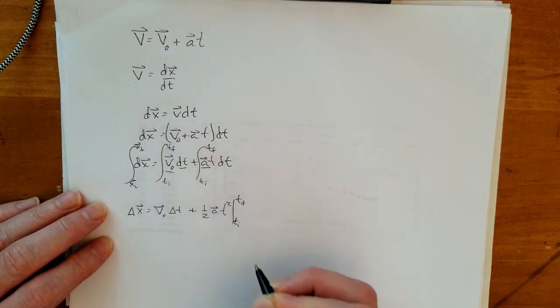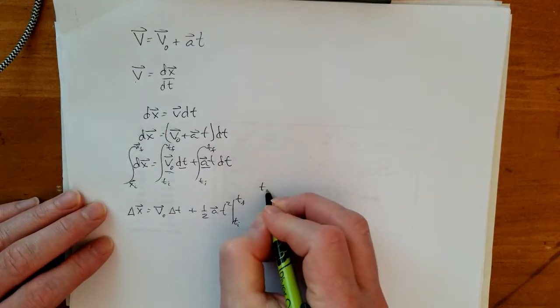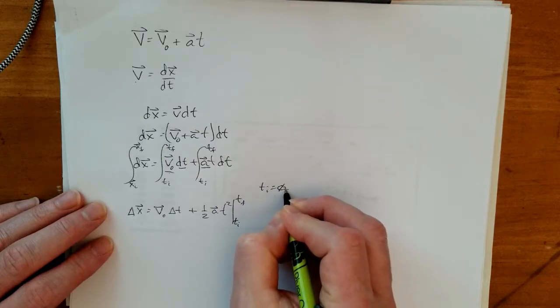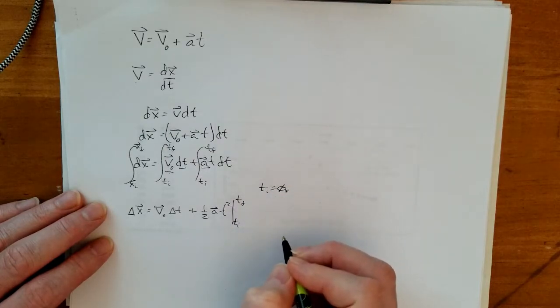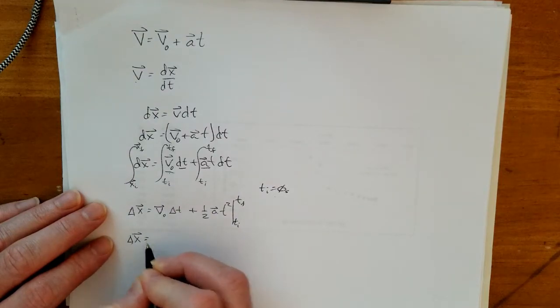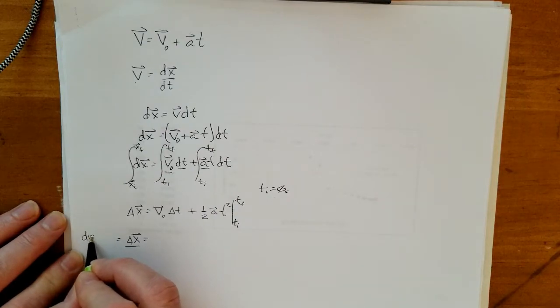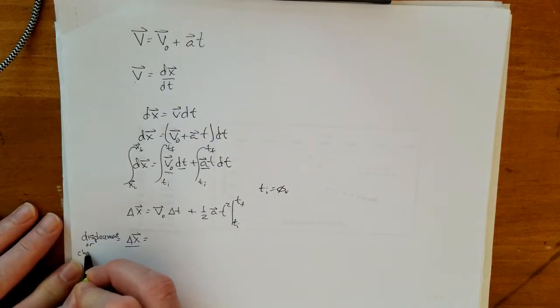time. And again, using the idea that the initial time is equal to 0 seconds, then this becomes the change in position, or otherwise known as displacement. So this is displacement, or change in position. It means the same thing.